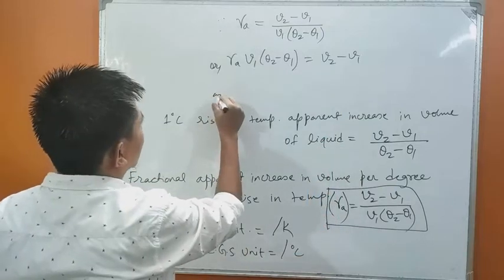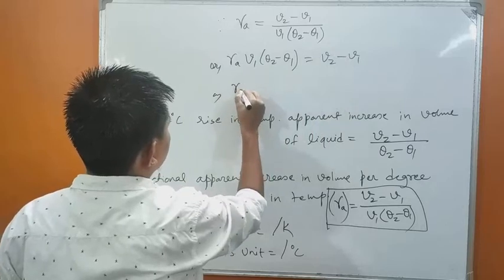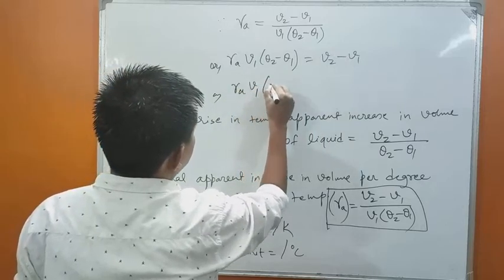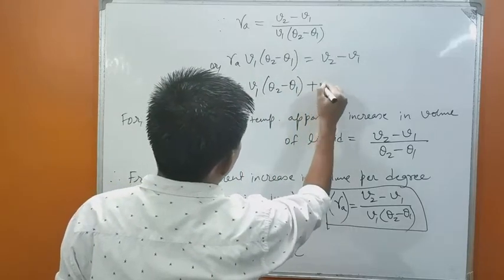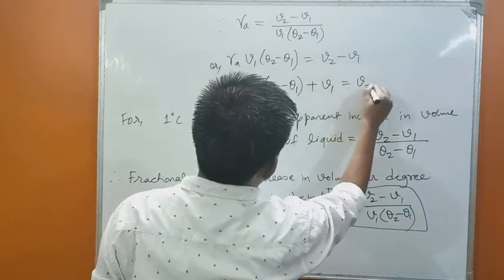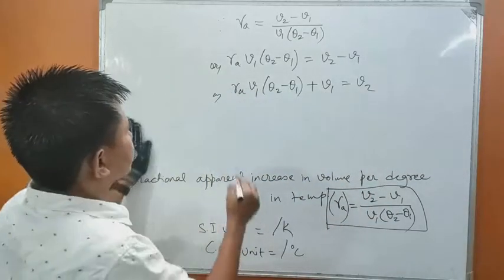Okay, or let us bring this V1 to the left hand side. Gamma A V1 theta 2 minus theta 1 minus V1 becomes plus V1 equals V2. I hope you got this. This is very simple calculation.